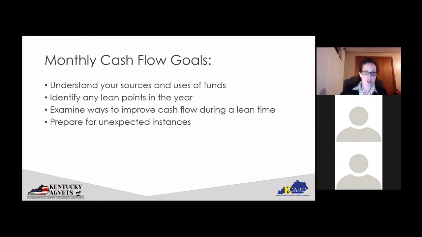On your monthly cash flows, especially in agriculture, since it is a seasonal business, it's important to know when those lean points of the year are. So if we're going to use the produce business that I've been using this evening, June and August might be two of my larger sales months. I will identify, and maybe January and February is when I have a lot of expenses, but not a whole lot of income.